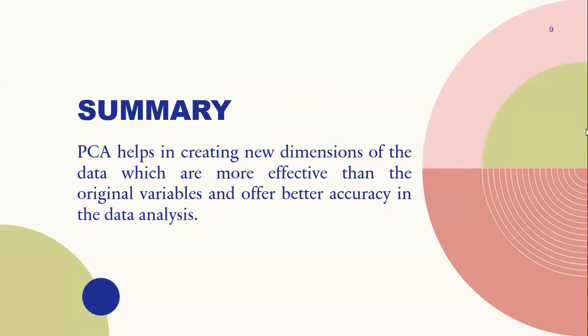Friends, hope you understood what PCA is, its importance, how it is implemented, the math behind it, how exactly the principal components are created, and how PCA does dimensionality reduction on your data set, helping you develop more accurate, quicker and faster machine learning algorithms.